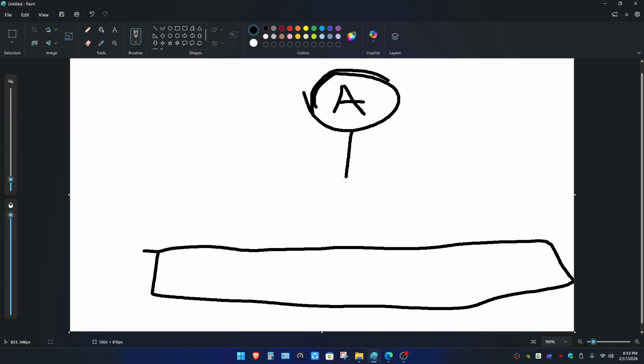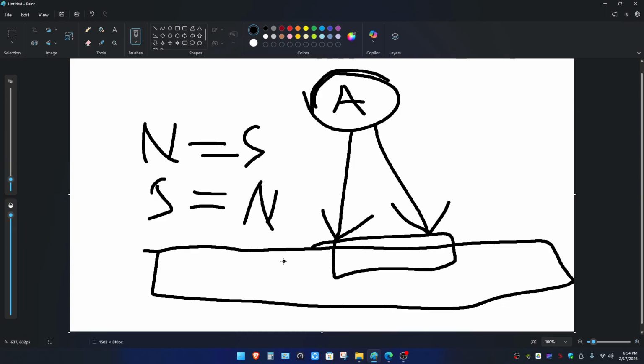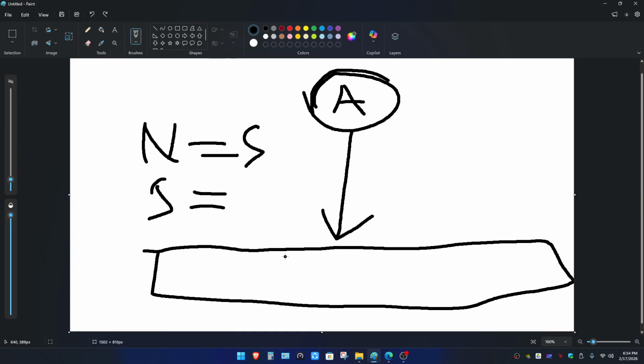As it falls, the N is attracting the S of this ball, and the S of the ball is attracting the N of the floor. The N and the S of the ball are attracted to the opposite of the ground, because all of them have what? Magnetism. Electromagnetism.